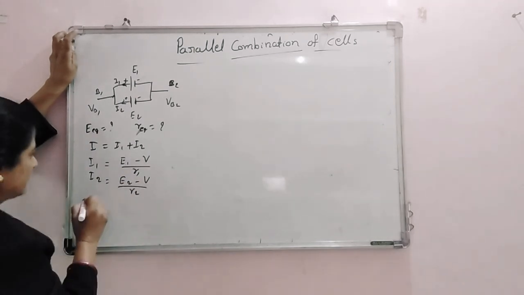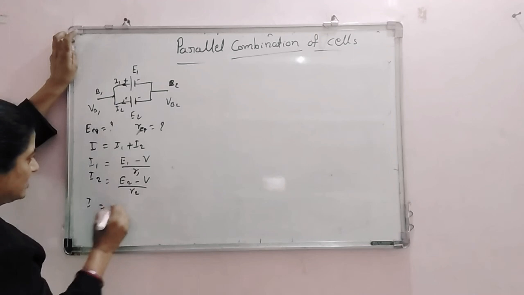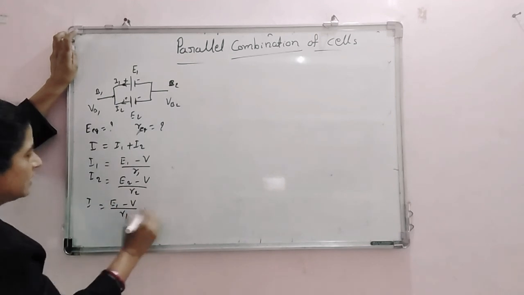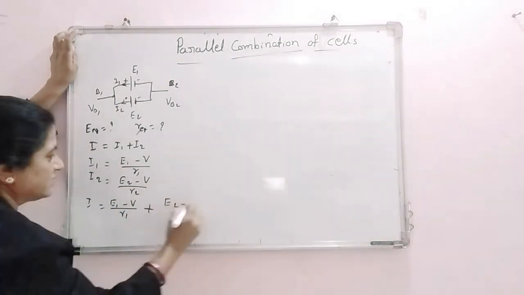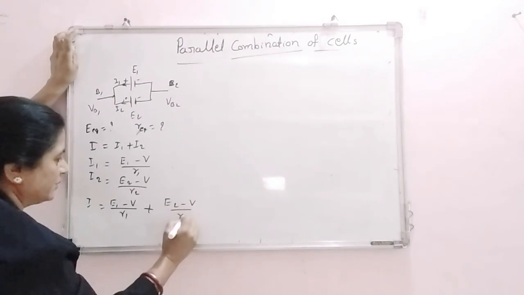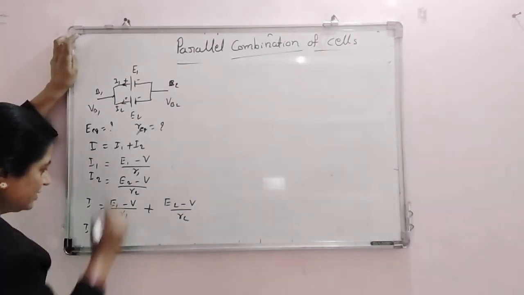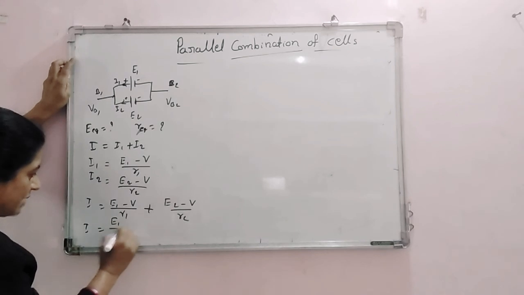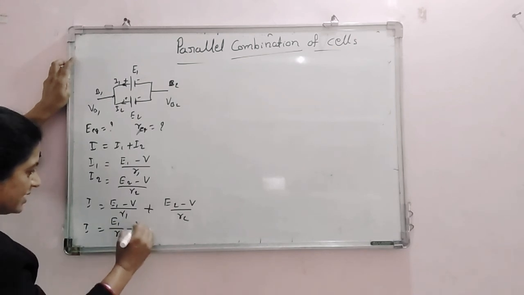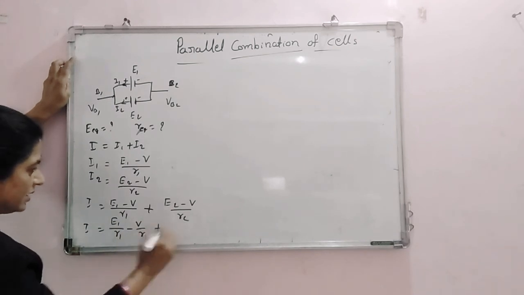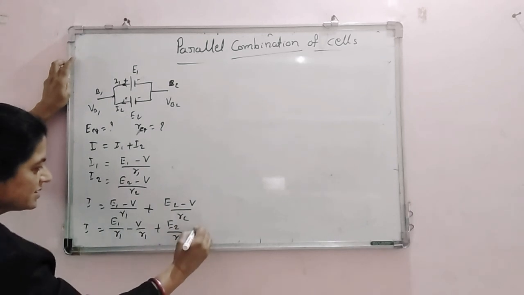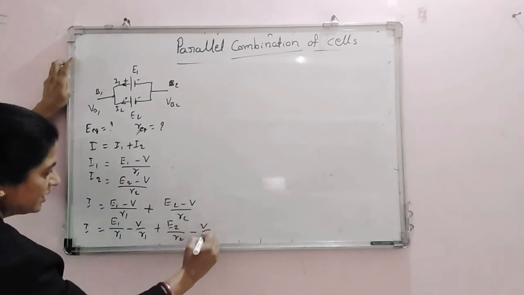Adding these two equations, I is equal to (E1 minus V) upon R1 plus (E2 minus V) upon R2. Now what will you get here? I is equal to E1 upon R1 minus V upon R1 plus E2 upon R2 minus V upon R2.